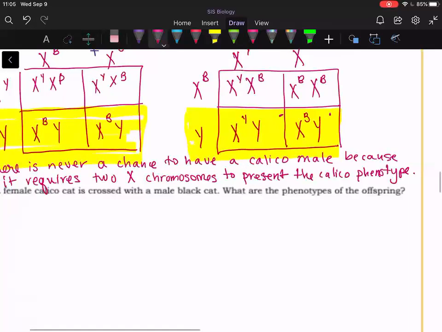So what does that mean? Present the calico phenotype. Basically, to look like a calico.